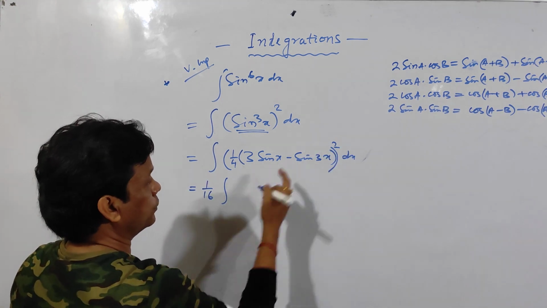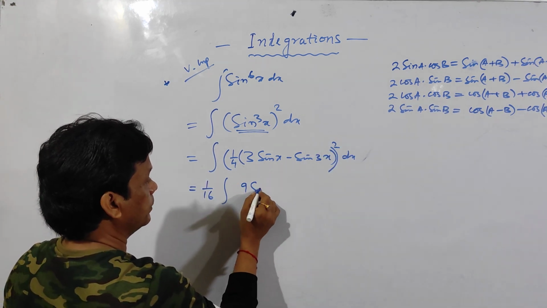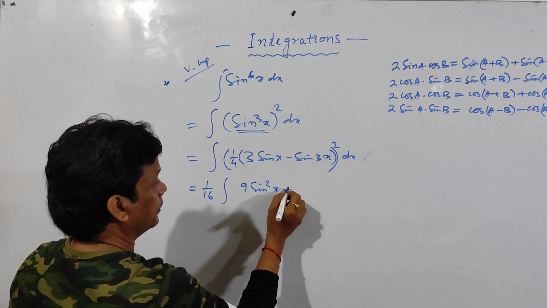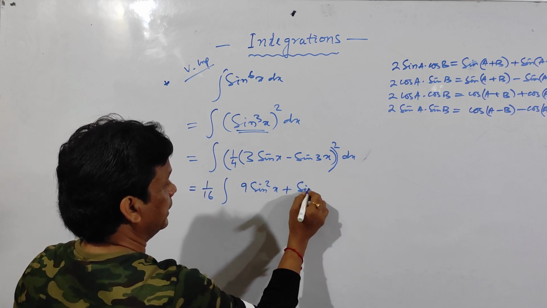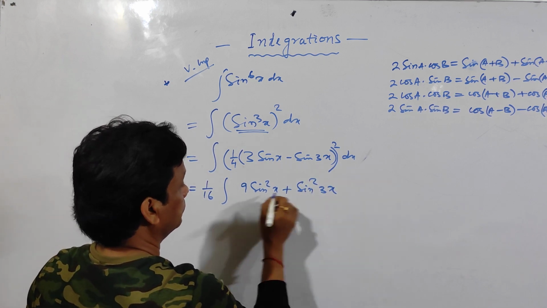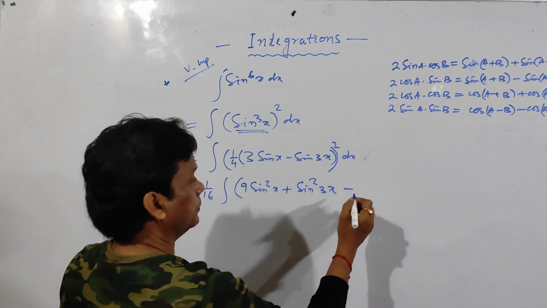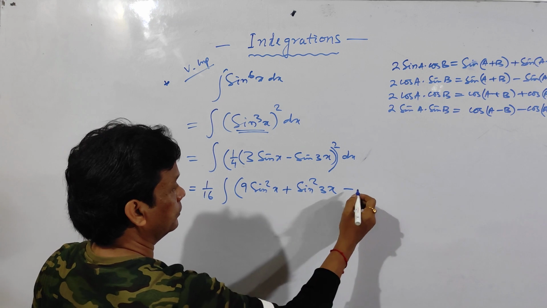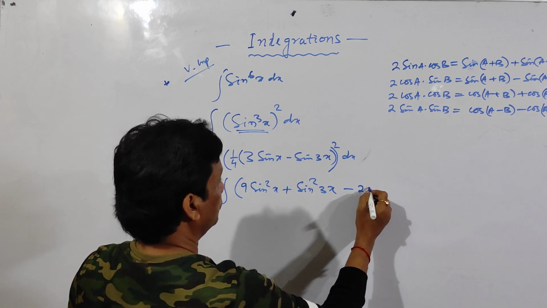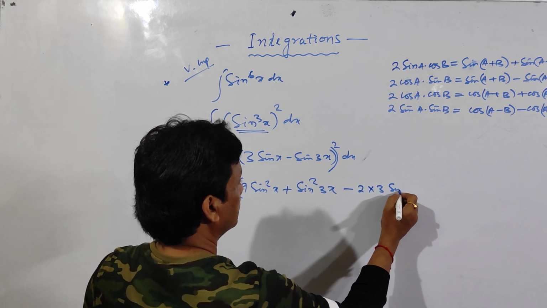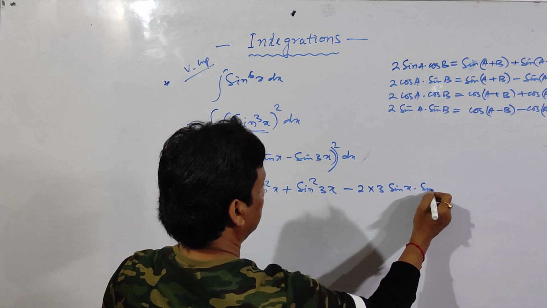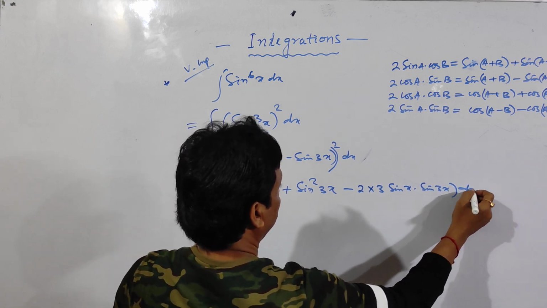So (a minus b) whole square: 9 sin square x plus sin square 3x minus 2ab, 2 into 3 into sin x into sin 3x dx.